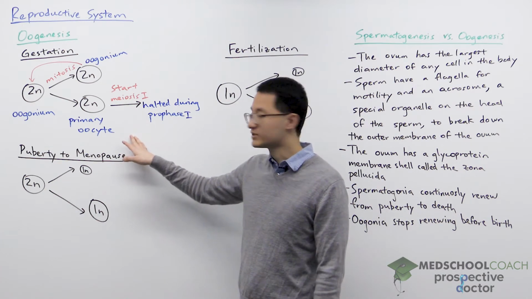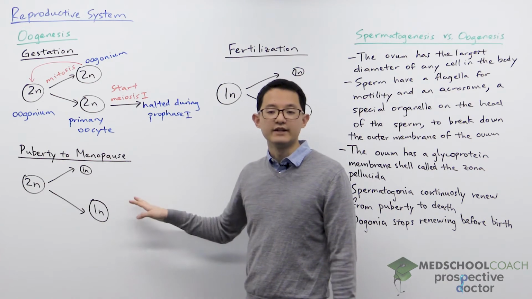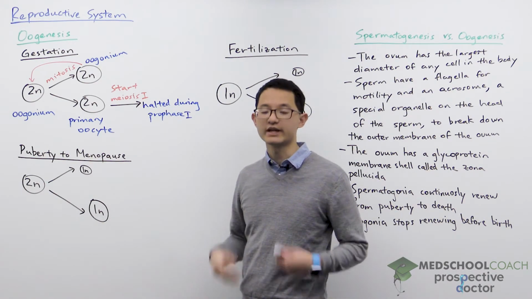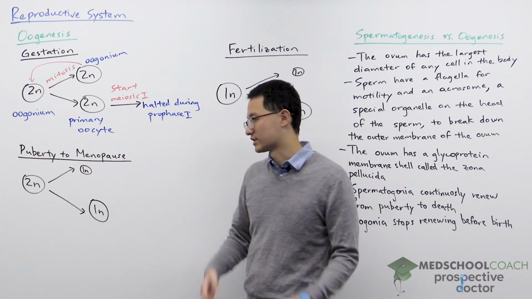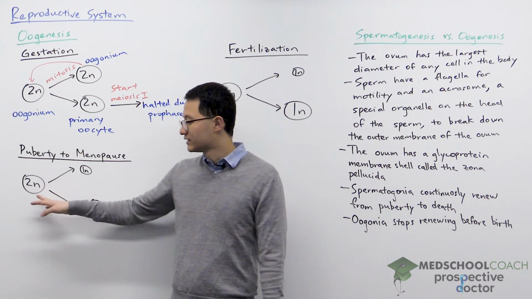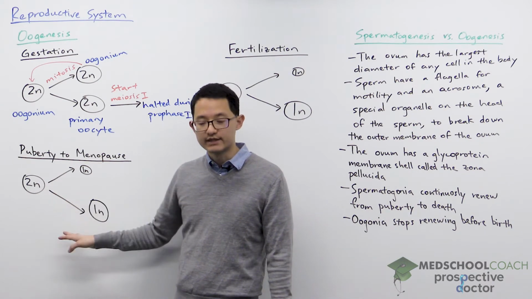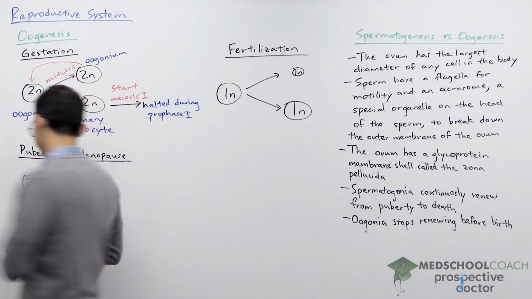These primary oocytes are halted in prophase 1 until the female enters puberty. Starting at menarche, the first menstrual cycle, every month or about 28 days, several of these primary oocytes are going to complete meiosis 1.